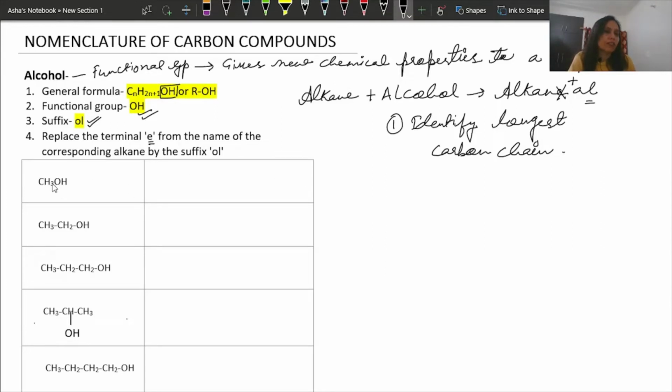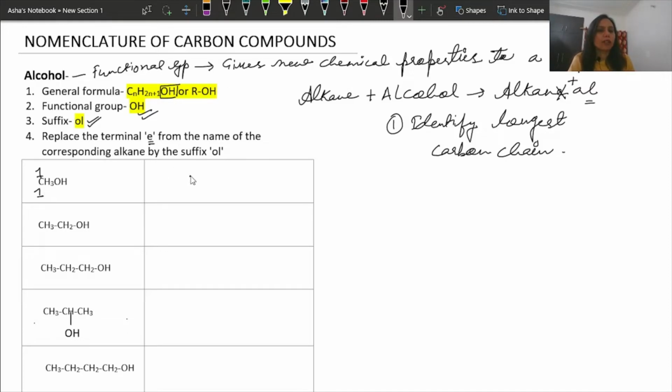So in this, obviously there is only one carbon, so we will be giving numbering to this carbon. If we start from front to back, this is the first carbon. When we are doing the numbering from the back, then also this is the first carbon. So obviously this is the only carbon here, so the number of the carbon is 1.